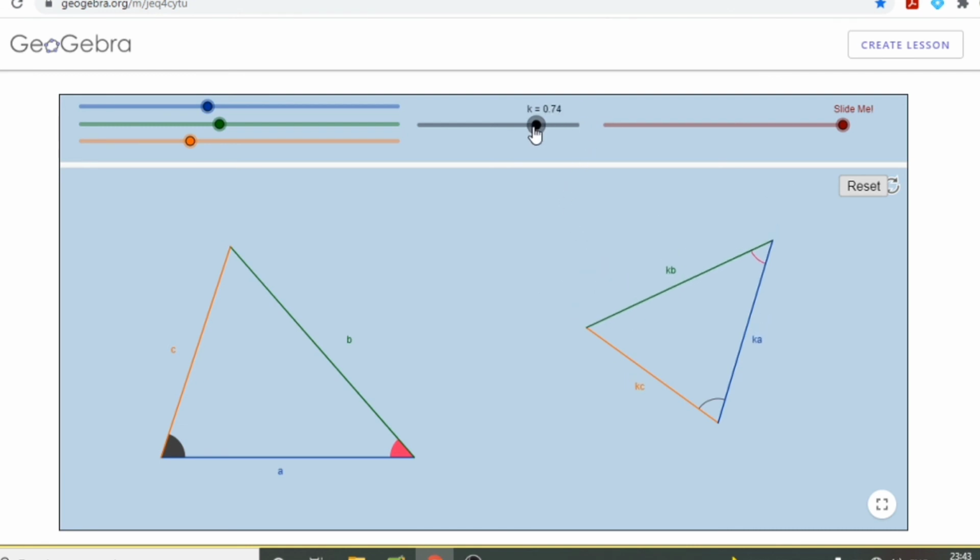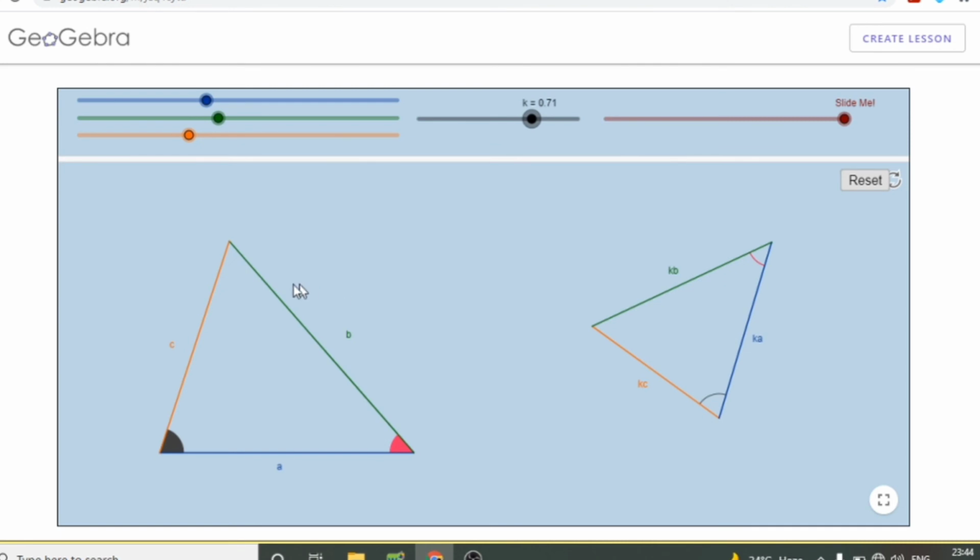Previously they were similar when the shape was the same but not the size, and now they are congruent. And their corresponding angles are also equal and corresponding sides are already in the same ratio. It was given in the theorem: if all the three sides of a triangle are in the same ratio to the corresponding sides of another triangle, then the triangles are similar to each other.